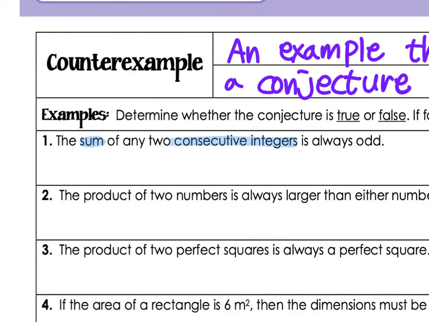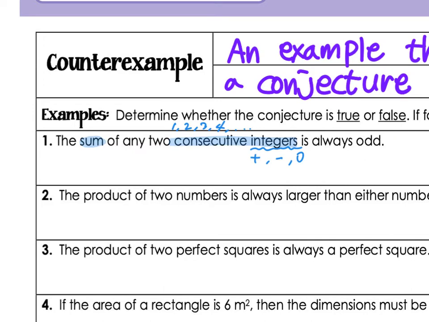So consecutive means the number or something right next to each other. For example, 1, 2, 3, 4. So those are consecutive numbers. And also you need to know what integers are, right? So integers include positive numbers and also negative numbers. Also include 0, right?